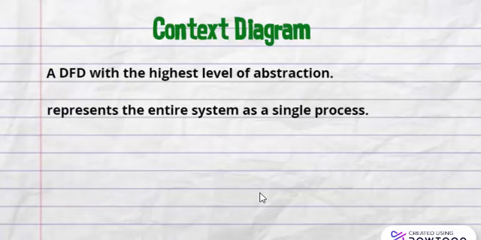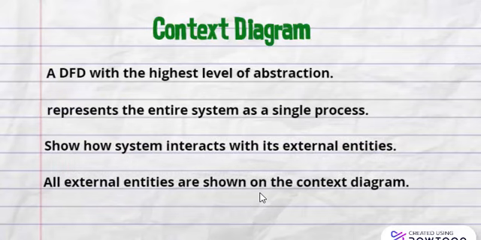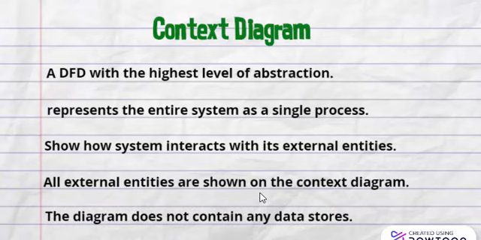Context diagram: a DFD with the highest level of abstraction, representing the entire system as a single process. So it shows how the system interacts with its external entities. All external entities are shown in the context diagram. The diagram does not contain any data stores.